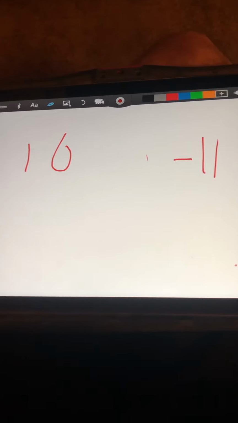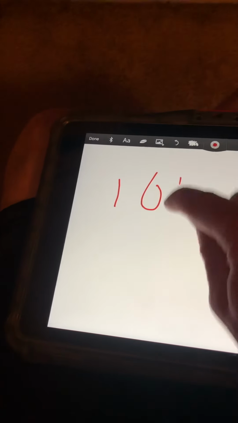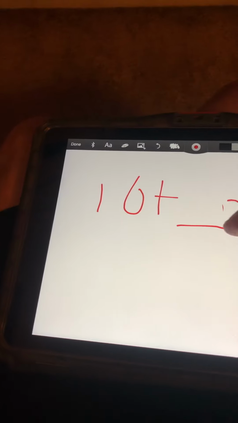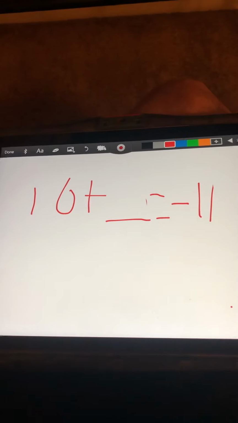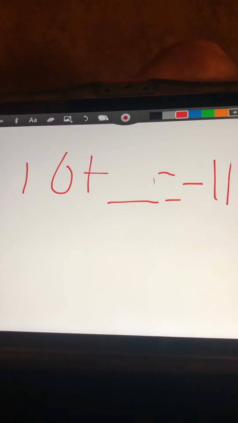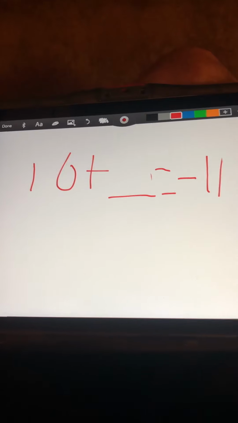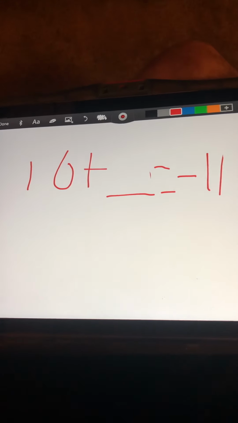So from 10 to 11, well, 10 plus what equals 11? I'll give you a second to figure that out. And in the second video, we'll finish this answer and finish through the rest of the PowerPoint.